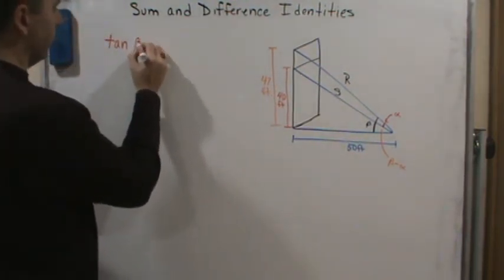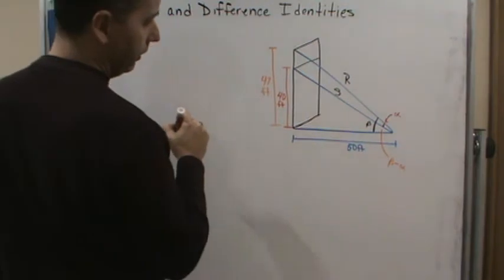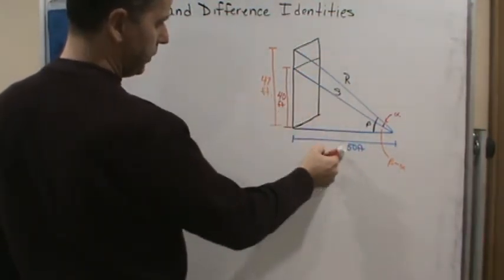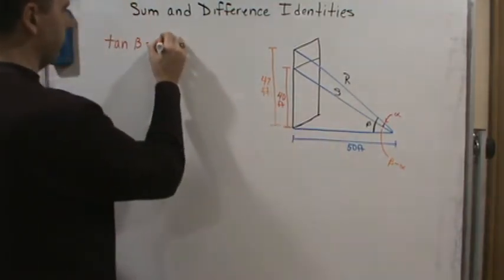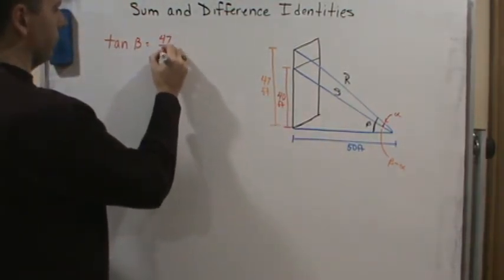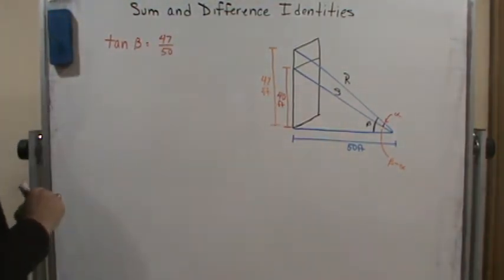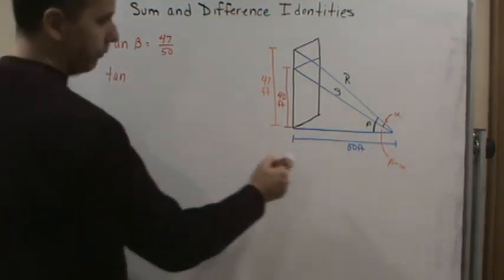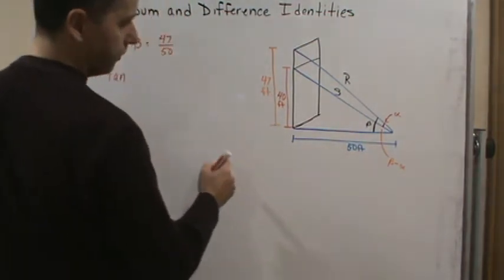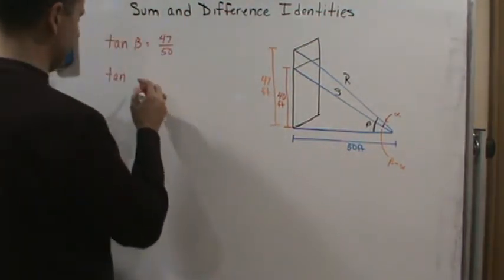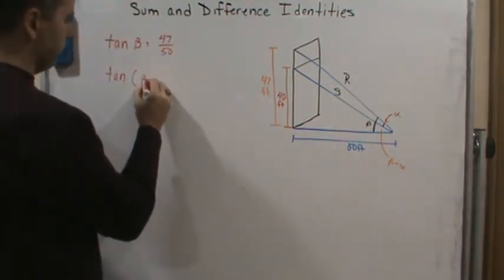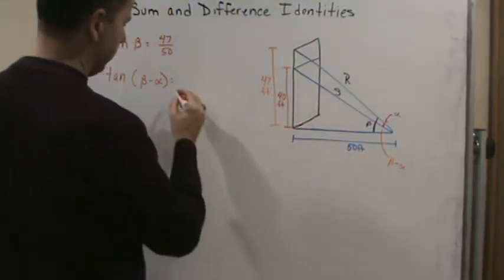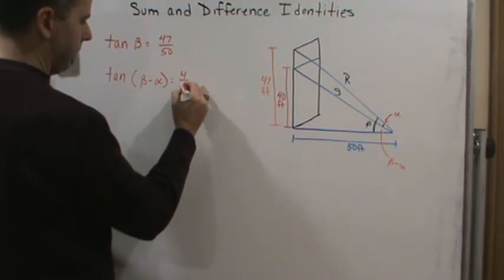So tangent of beta, which is the bigger triangle, is going to be opposite over adjacent, which is 47 over 50. Okay, so we got that. And then tangent of the smaller triangle, which is beta minus alpha, is equal to 40 over 50, or 4/5.